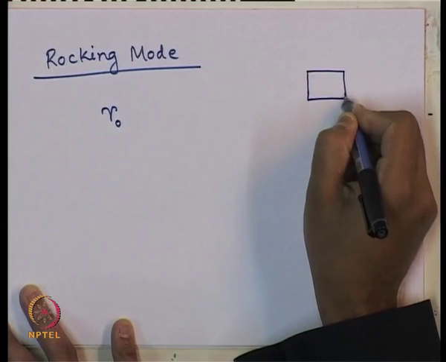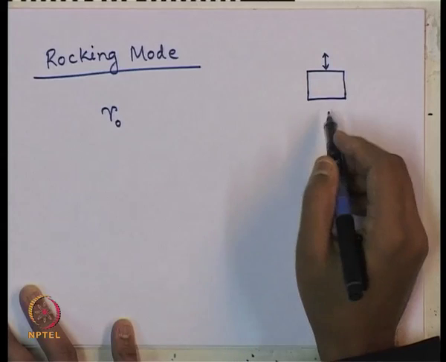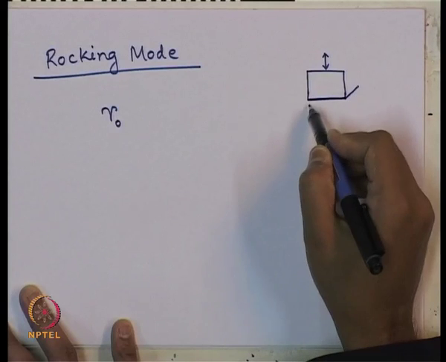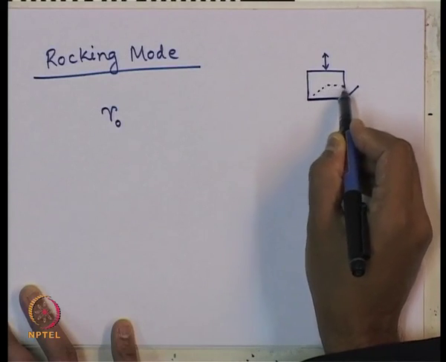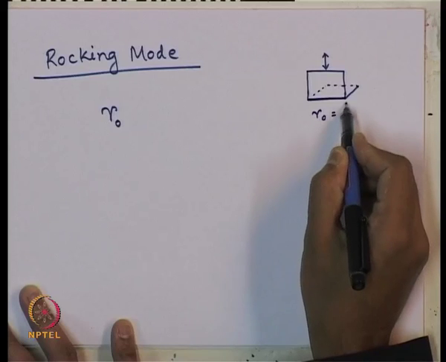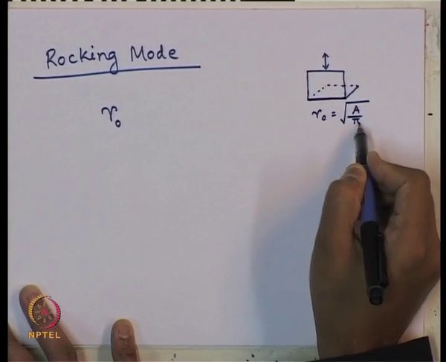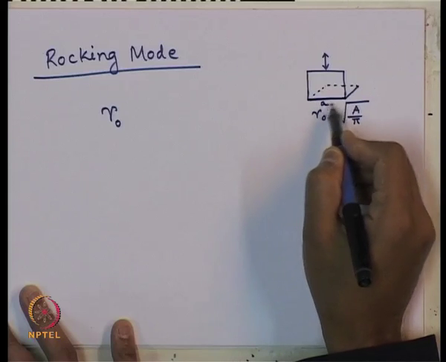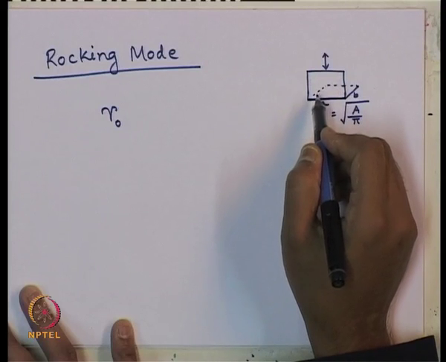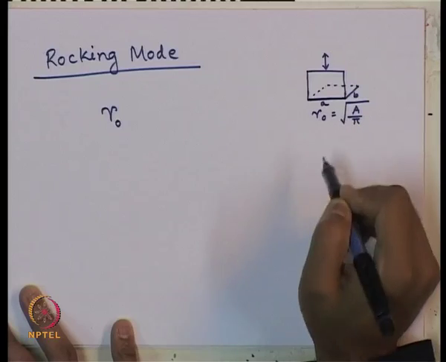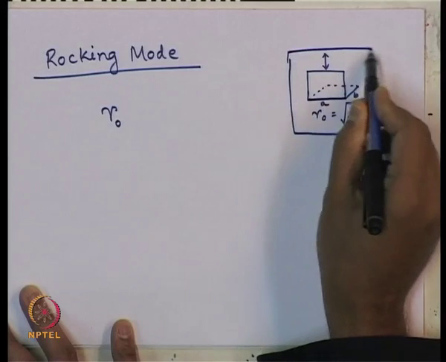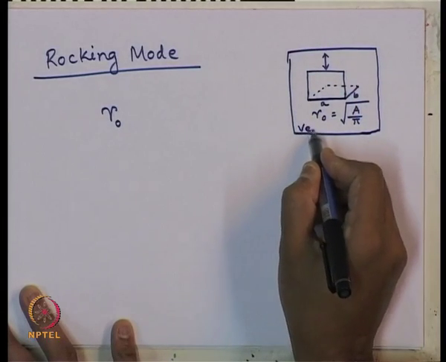When a block type machine foundation is subjected to a vertical mode of vibration, in that case what we did, this plan area we had considered, and to find out equivalent radius R naught equation we had used root over A by pi, where A is area of this plan area in the case of vertical vibration, that is the projected area. Whereas, in case of rocking mode, this equation cannot be used. This was for vertical mode.